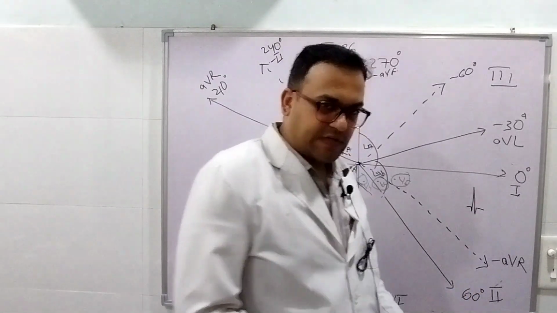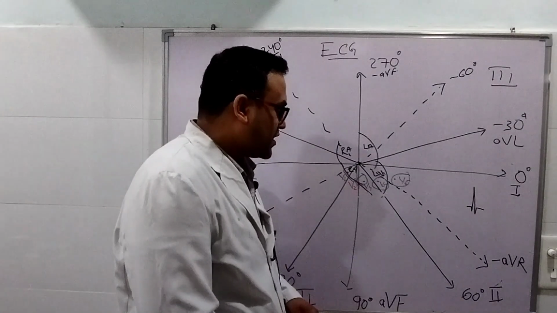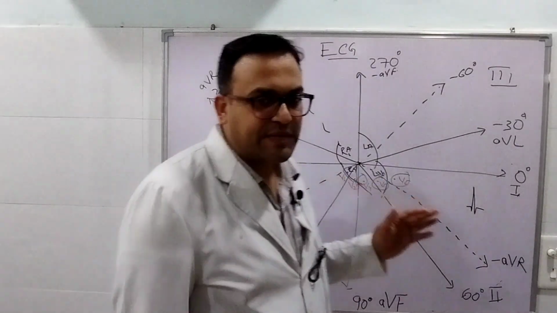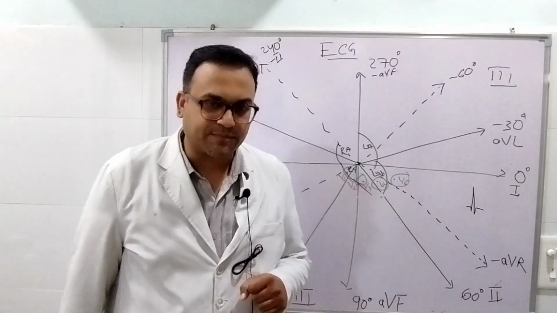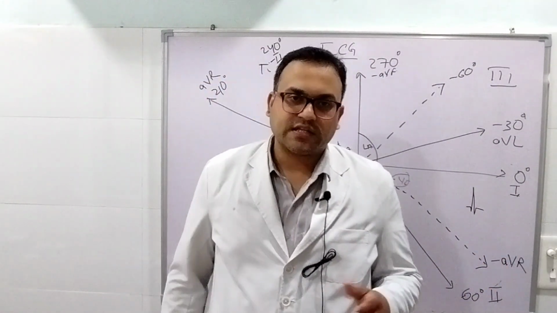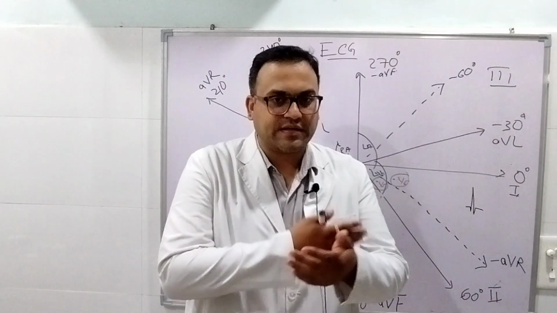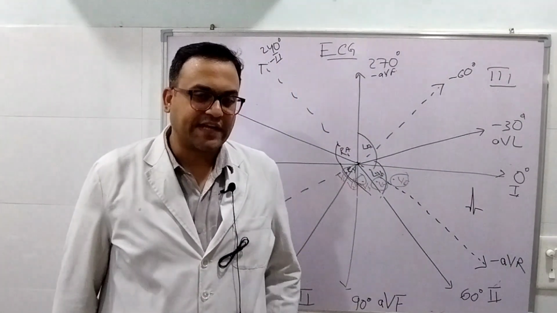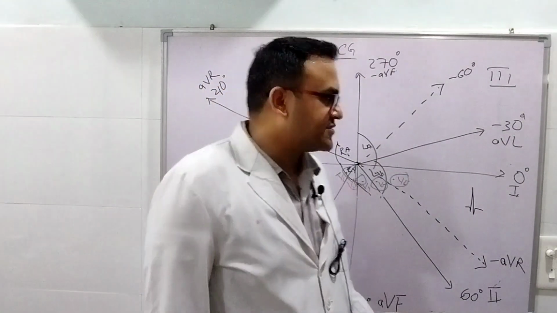Okay, so one doubt which is arising from the students is that we are only placing 4 electrodes in the limbs: one in the left upper limb, one in the right upper limb, one in the left leg, and the right leg is for earthing.